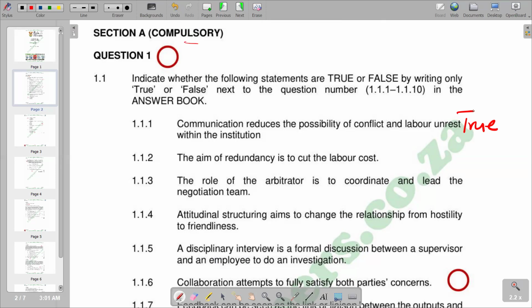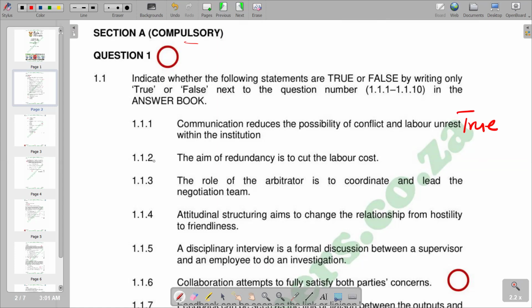So basically, we are saying communication also boosts employee morale, and it also facilitates engagement, improves productivity, and obviously job satisfaction. So that makes our statement 1.1.1 true.